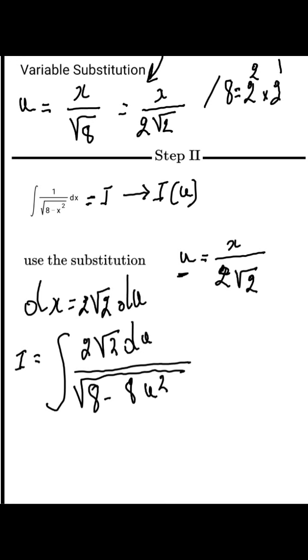We can simplify this integral even further, but first let me explain just on the side that x squared is equal 4 times 2u squared. That's why it is 8u squared.